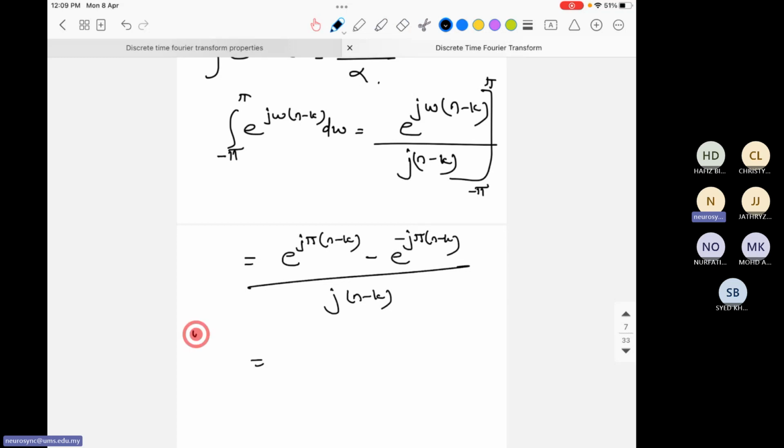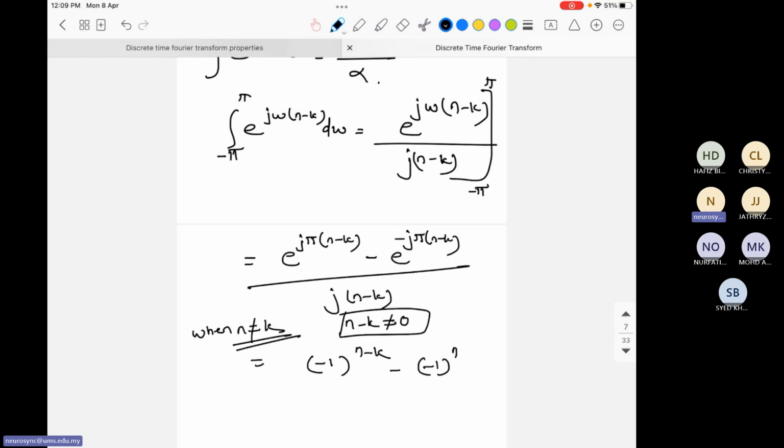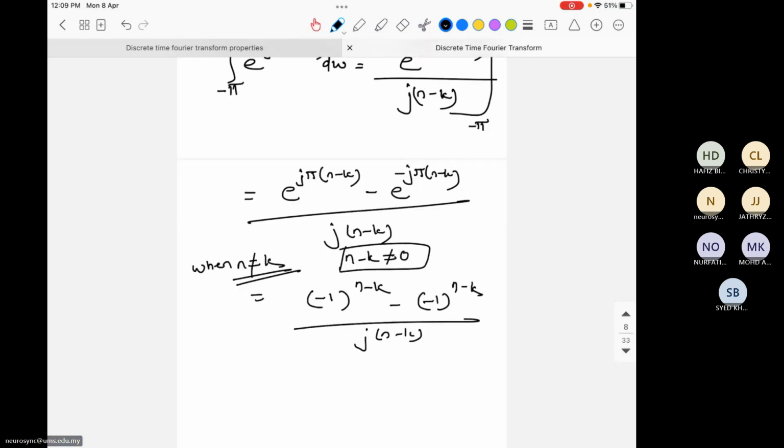When n is not equal to k, that means n minus k is not equal to 0, in that case this is basically minus 1 to the power n minus k minus minus 1 to the power n minus k, divided by j(n minus k), which is nothing but 0. So this integral basically vanishes.